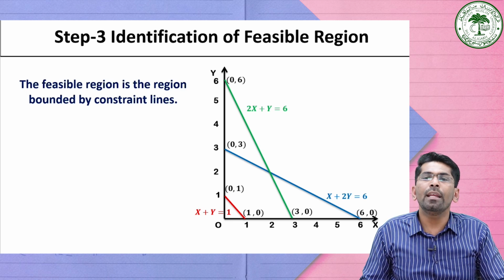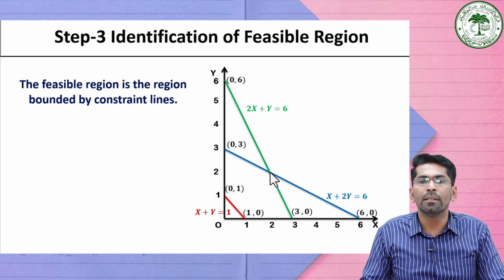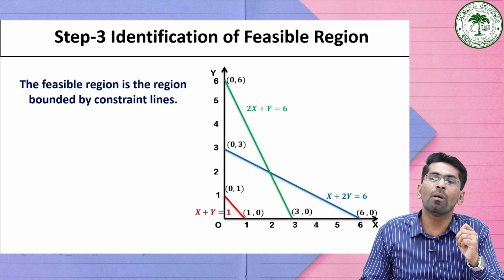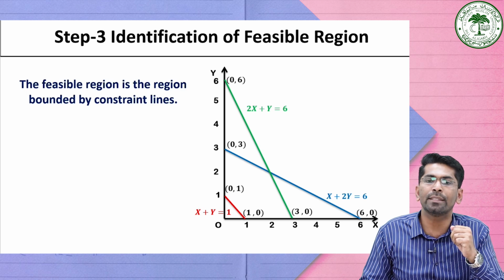After drawing the 3 lines which represent 3 constraints, the next step is to identify the feasible region. The feasible region is the region that is bounded by the constraint lines.